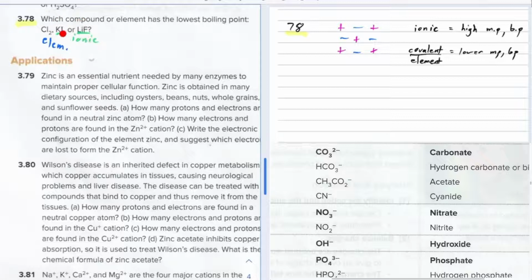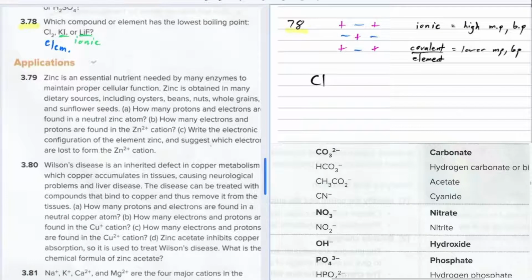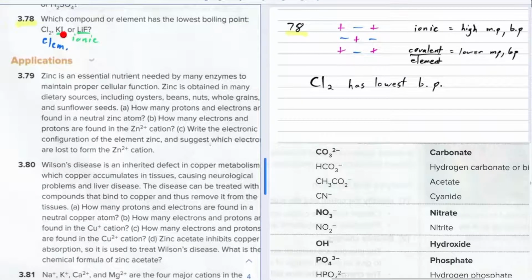So these will have higher boiling points, and Cl2 will have the lowest boiling point.